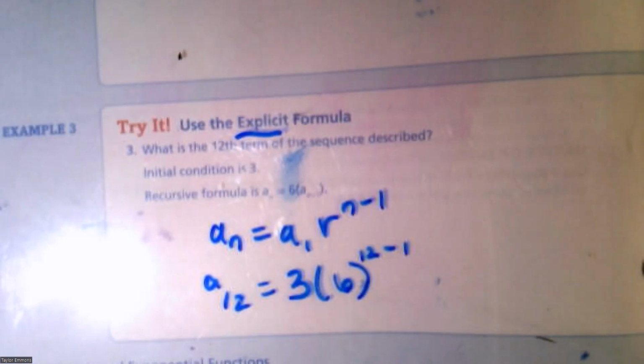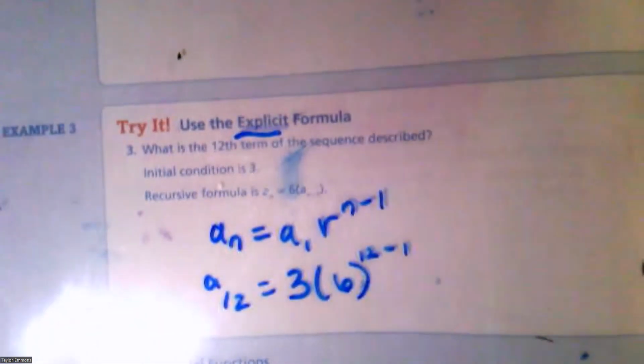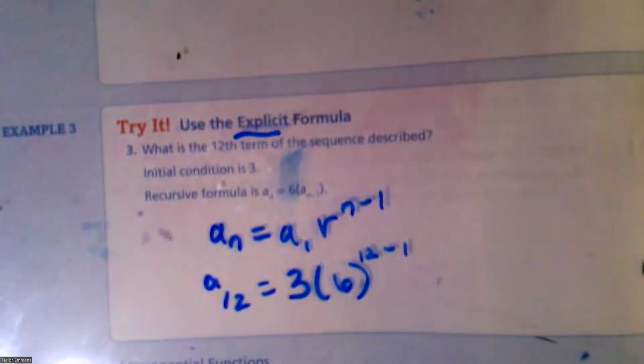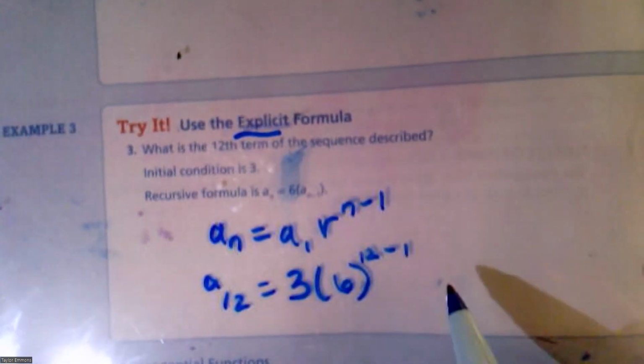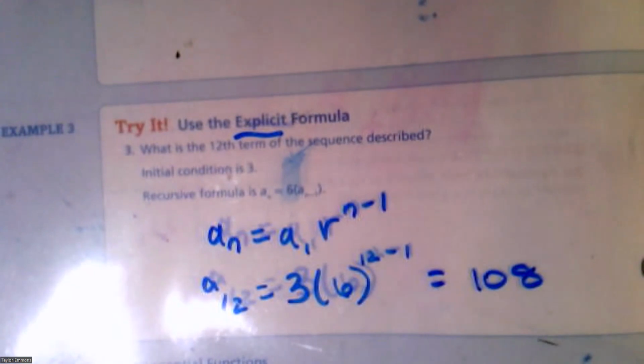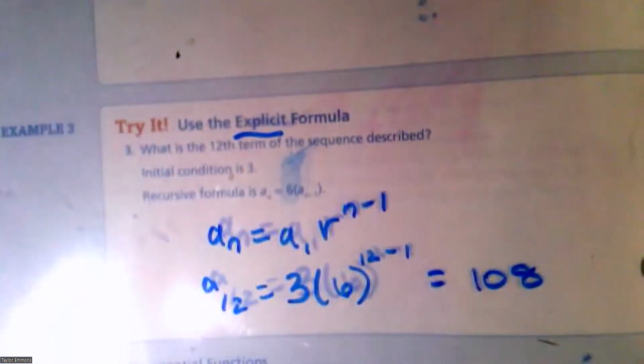Really quick, can somebody plug this in their calculator and tell me what you get? I got a really big number. What'd you get? Say again. On a phone, you can turn it sideways.